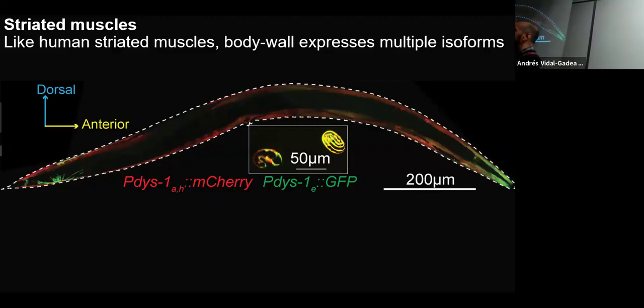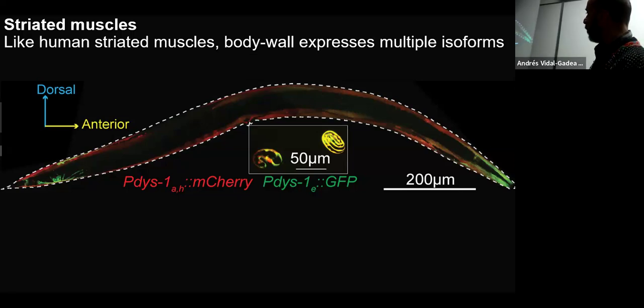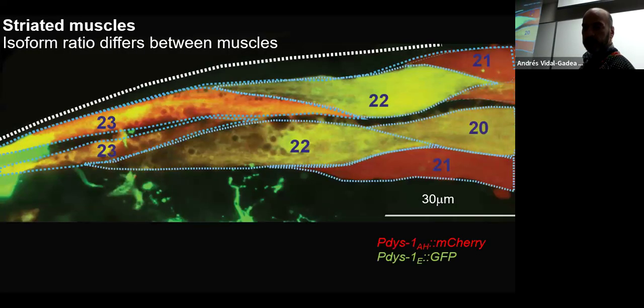So most of the patients have mutations that take out the longer isoforms, but not the shorter isoforms, okay? And despite the fact that those shorter isoforms are also expressed in striated muscles. So that was kind of cool when we saw that striated muscles also express both longer isoforms and shorter isoforms, and you can see them in the developing embryos here.